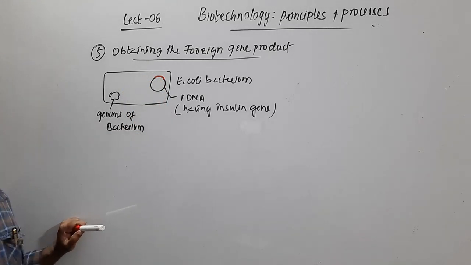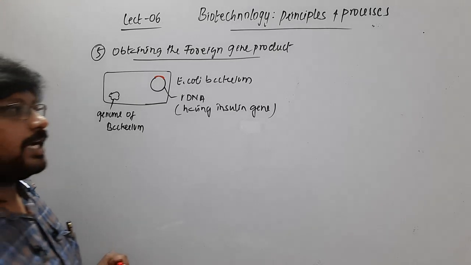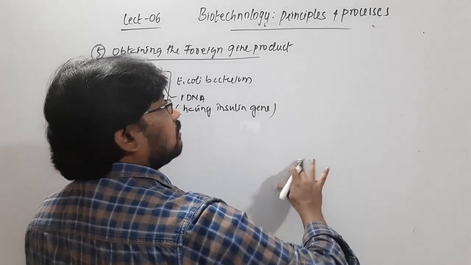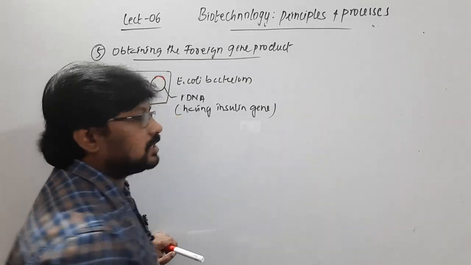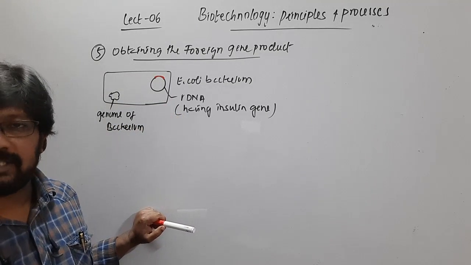So for this, what are the temperature, pH, and other external factors that are required for this E. coli to grow at its faster rate? I'm going to supply them using machines that we call bioreactors.